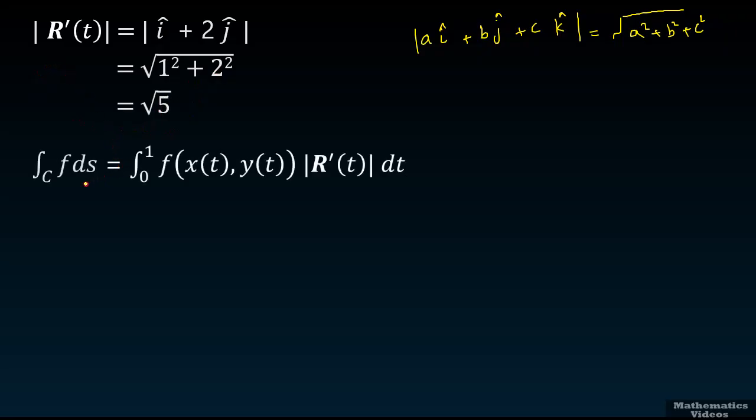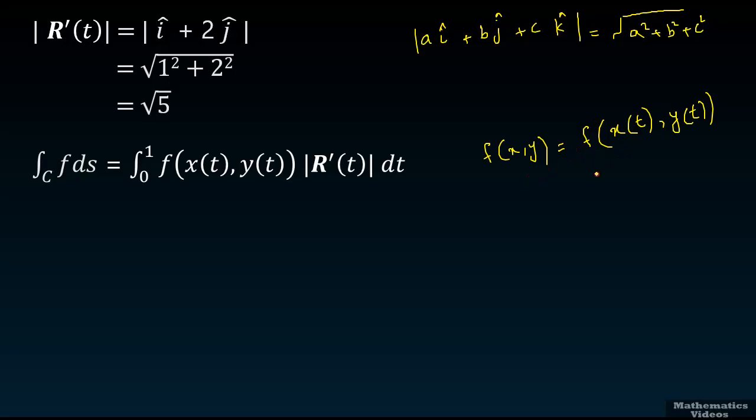Now we will use the definition of the line integral of the scalar field over the given curve. For this we know that first we have to express the function f of x and y in terms of t, so we have to represent x in terms of t and y in terms of t to get the representation of f in terms of the parametric representation of the curve.